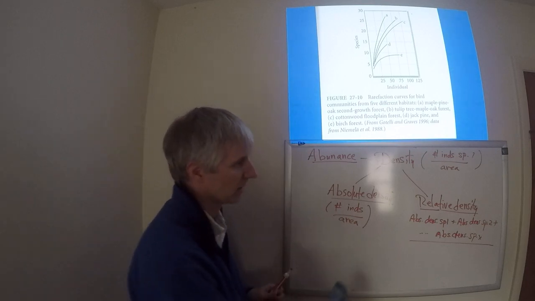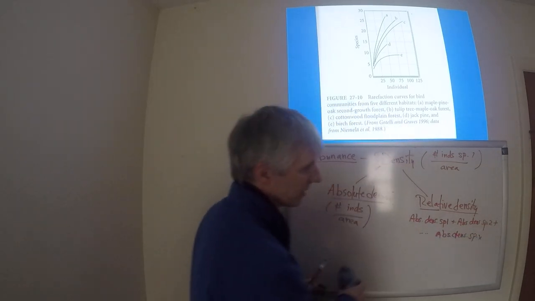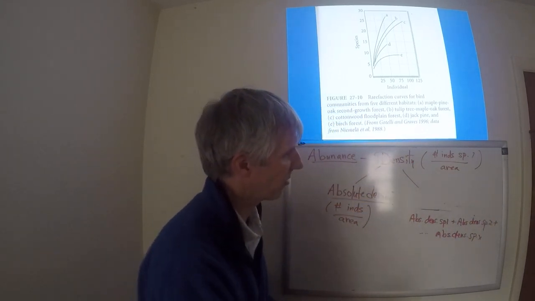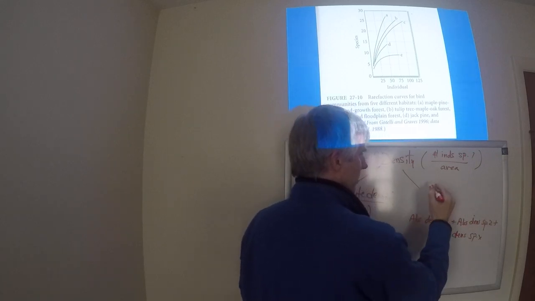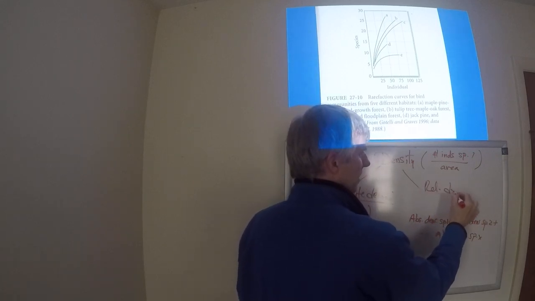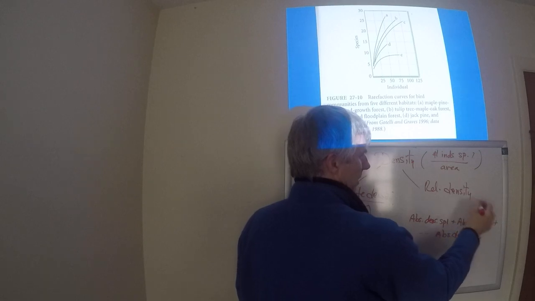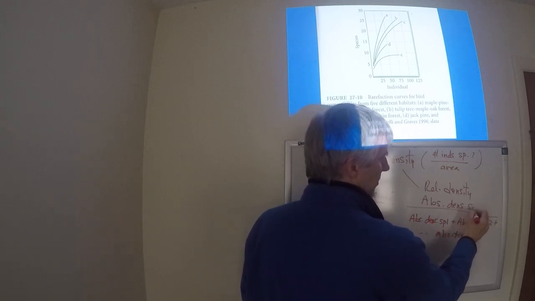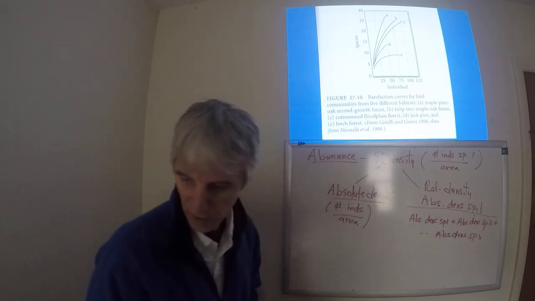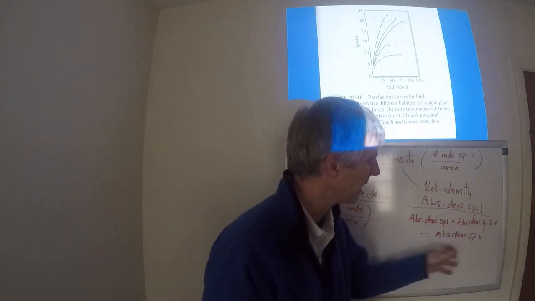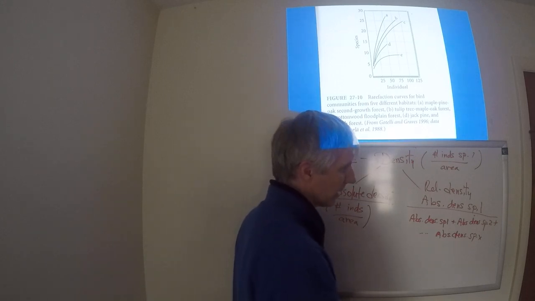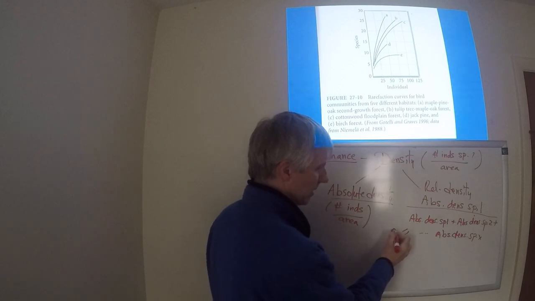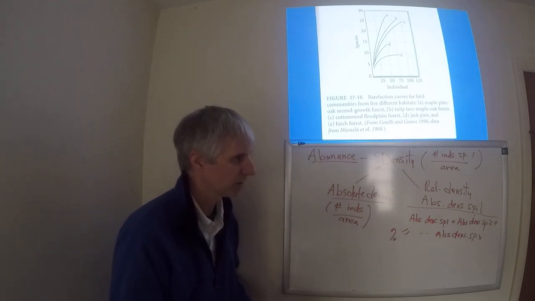Okay? That's going to give me the denominator. Didn't give myself enough room here. So this is relative density. And then I take the absolute density of species 1 divided by the sum total of all of the absolute densities for everybody, and that gives me a measure of the relative density as a percentage.